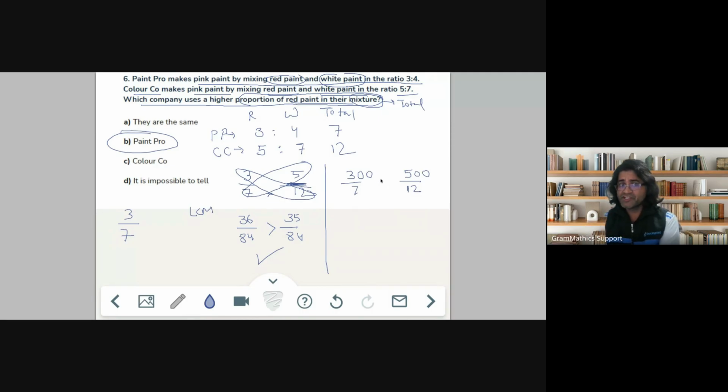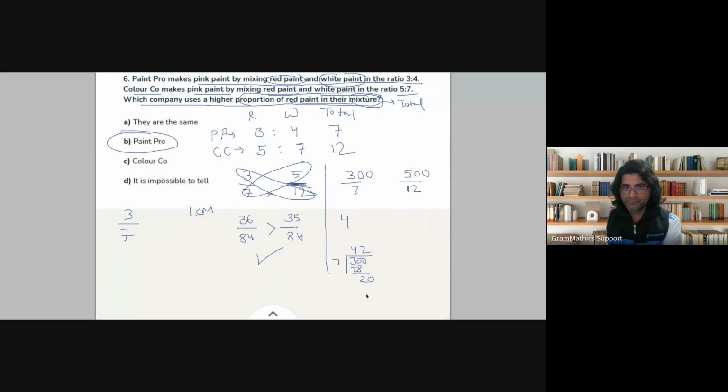Now, if I divide 300 by 7, I will get 4. So let me do 300 by 7. So 4 gives me 28, 2, 0. And then 7 times 2 gives me 14, and 6 will be remainder. So I get 42 something.